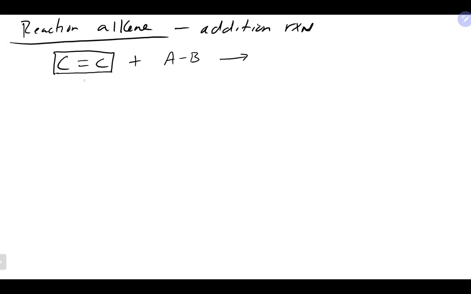So the double bond becomes a single bond. So you redraw it with a single bond, and then you put one guy on one carbon and the other guy on the other carbon.